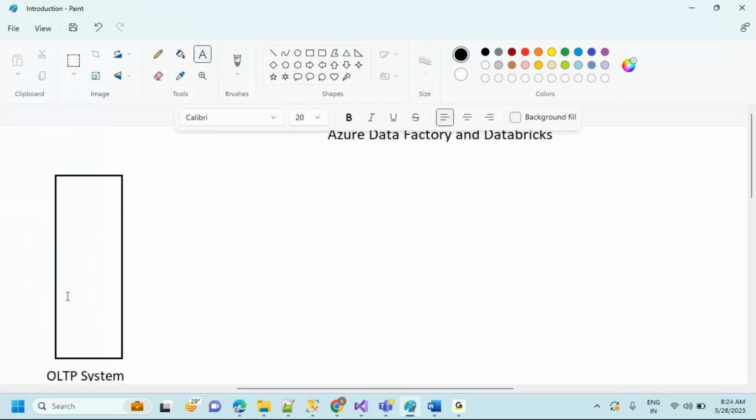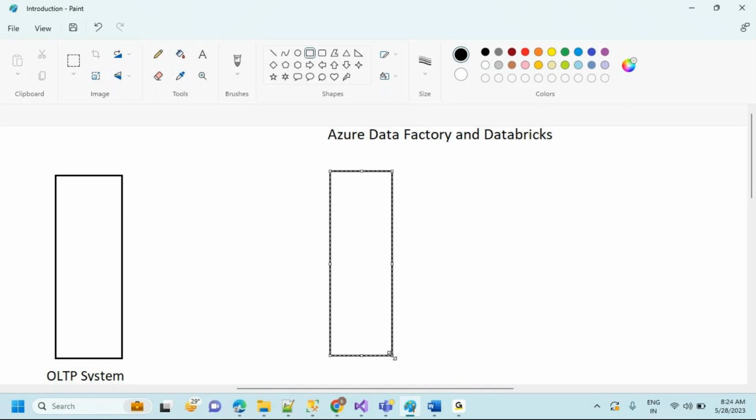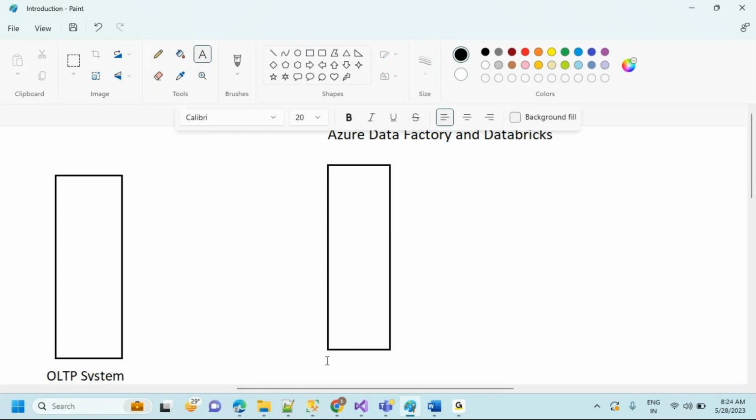Once you have the data in the OLTP system, I'm going to dump all this data into Azure storage. I'm not going to bring data directly from the OLTP system to the data warehouse. Instead, I'm just going to dump this data into Azure storage, let's say ADLS Gen 2. I want to bring the data from the business system to Azure Data Lake Storage Gen 2.